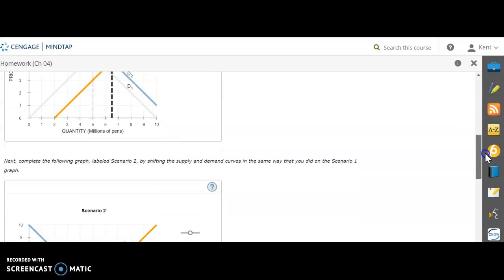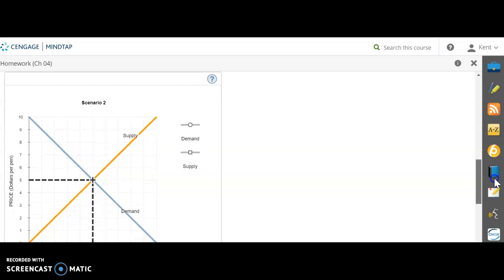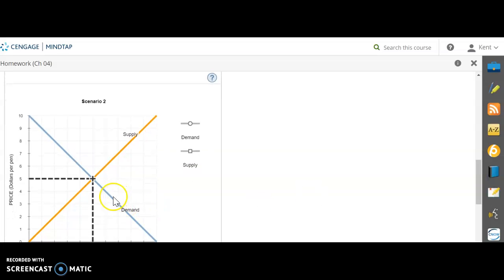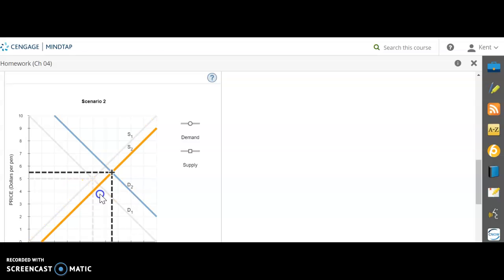Okay, now it wants us to make the same shifts again, except this time, say we had demand shifting out to the right, we had supply shifting out to the right, but this time they structure it so that the demand shift is the bigger of the two shifts. So again, equilibrium quantity increases because supply shifting to the right and demand shifting to the right will both result in an equilibrium quantity increase.